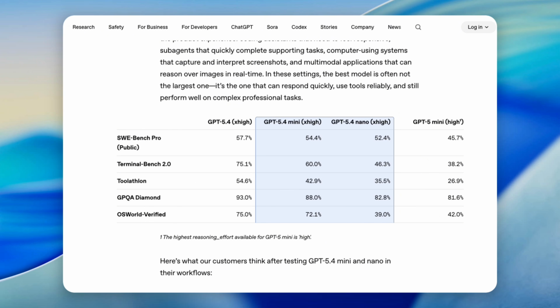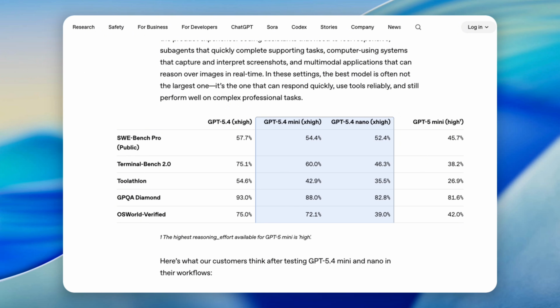And on OSWorld-Verified, which is about a model actually operating a desktop, like reading a screenshot and clicking things, Mini hit 72.1% compared to the flagship's 75%. Both of them actually clear the human baseline of 72.4%, which is a detail worth sitting with for a second. A small model, not even the full flagship, is performing above the human baseline on desktop navigation tasks. That's where we are right now.